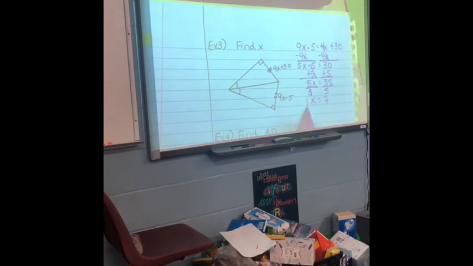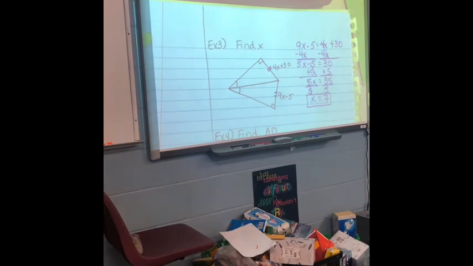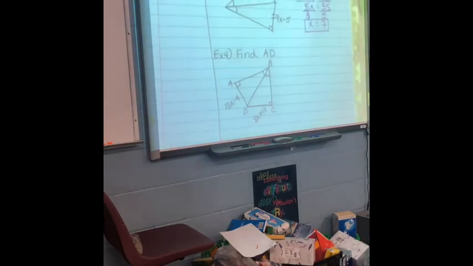Is that what it asked for? Yes. So I'm good. So if I have an angle bisector, the side of the triangle that goes out to the sides of the angle are congruent. Is everybody with me? Okay, let's look at the next one. Take a second to draw it.